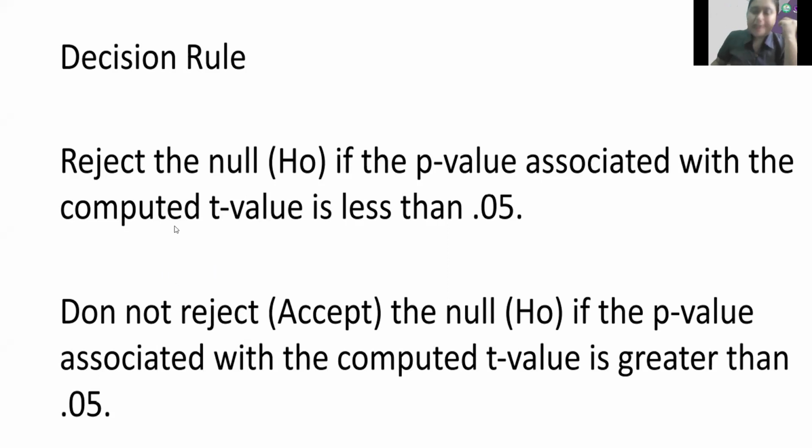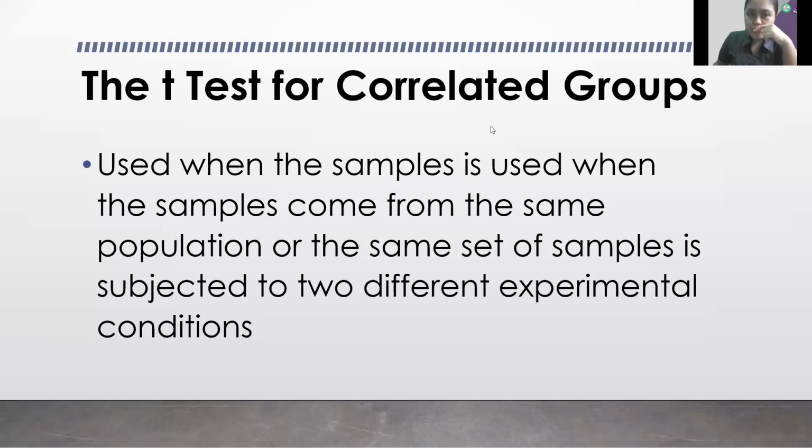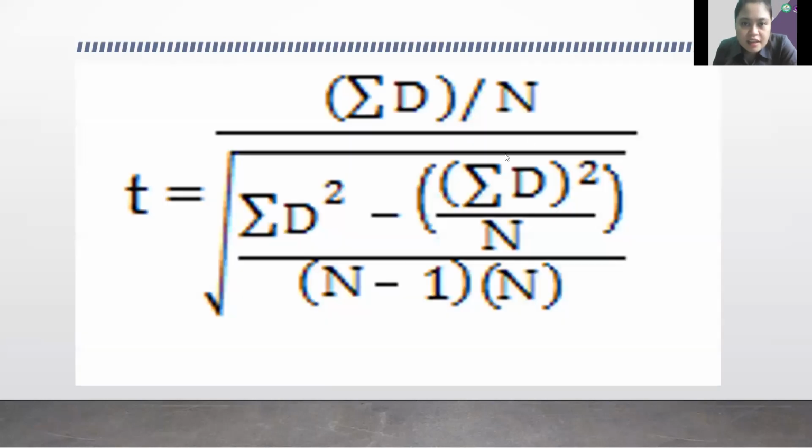Yung next week, we will have a quiz first sa t-test. After the quiz, we will have this one, the t-test for correlated groups. And when you say t-test for correlated groups, ito yung tinatawag natin na paired t-test. Okay? So iba din ang formula niya. Medyo mahaba din ang computation nito. Check ko pa ang schedule ko.